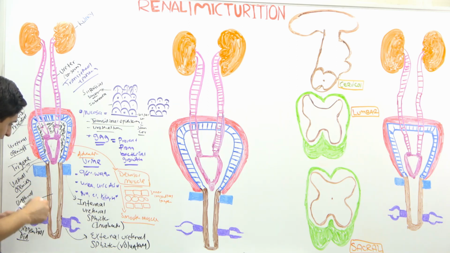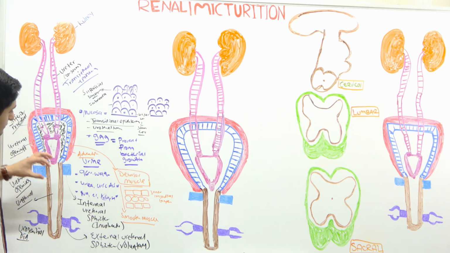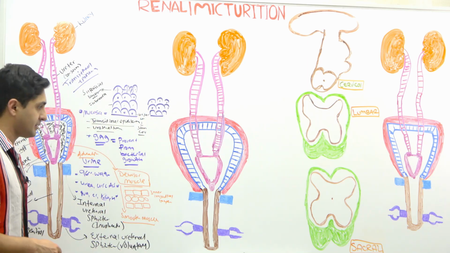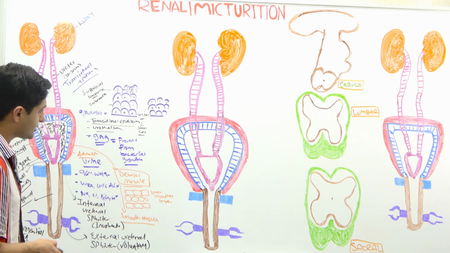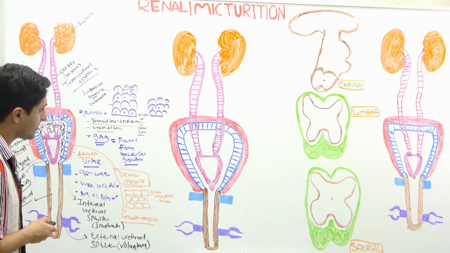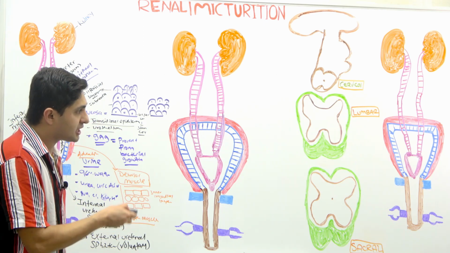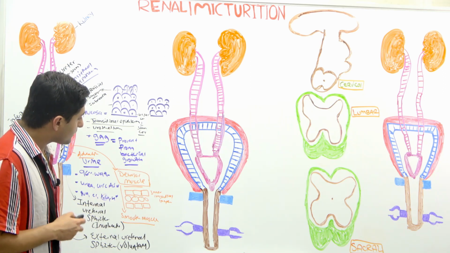Now I have to quickly talk about the difference between female and male. If you look at these structures, think about this one as a male, and this one as a female.